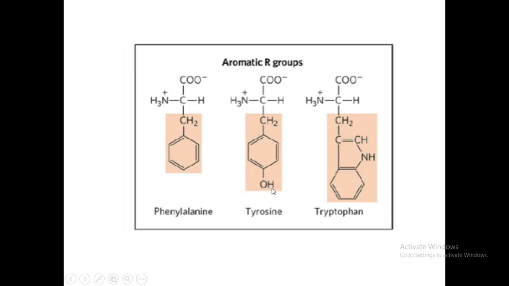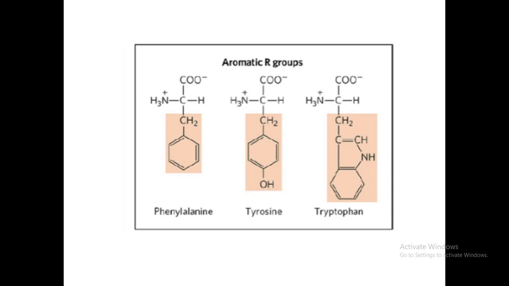Due to the hydroxyl group, tyrosine takes part in various important biological functions in the cell, and the indole ring of tryptophan is also important for the biological activity of various proteins and for the characterization of protein. In our next slides we will study what the characterization of protein is and why the indole ring of the tryptophan amino acid is important for it.